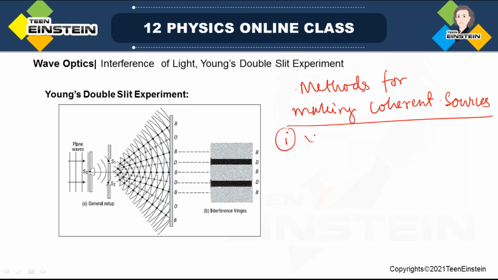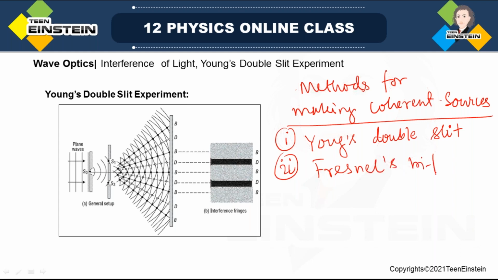One is Young's double slit experiment, which is a very simple way, the double slit method. Second is Fresnel's biprism method, where two prisms are kept back to back at their bases. And third is Lloyd's mirror. These methods we are not going to teach in detail because they are not very important here.